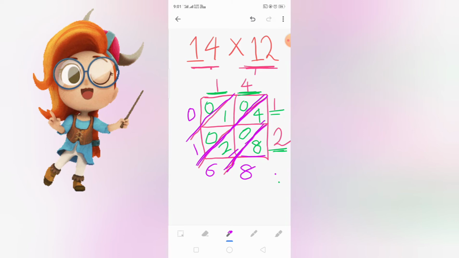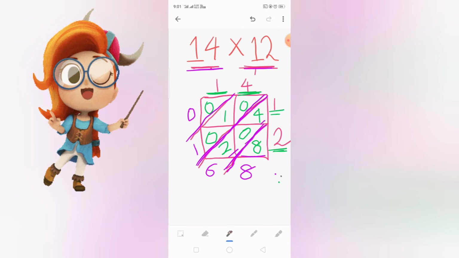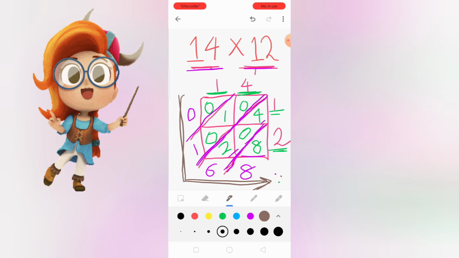Then what is the result of 14 and 12? How to know the result? Yes, from this side to this side is our result. The numbers outside the square are our result.